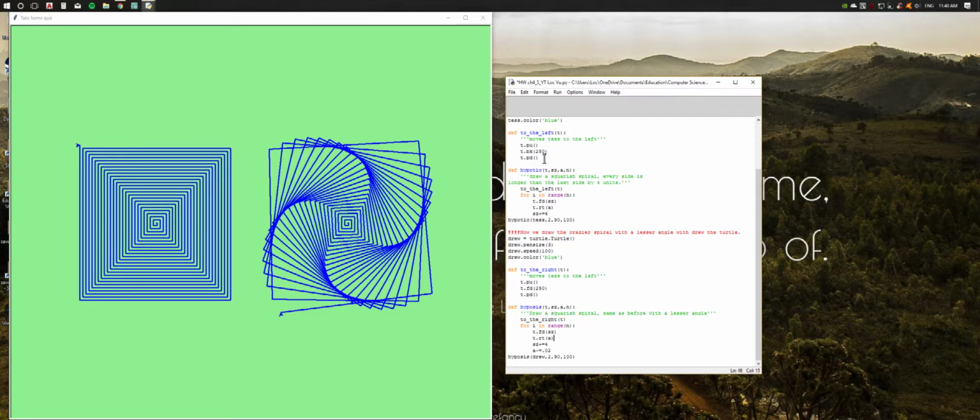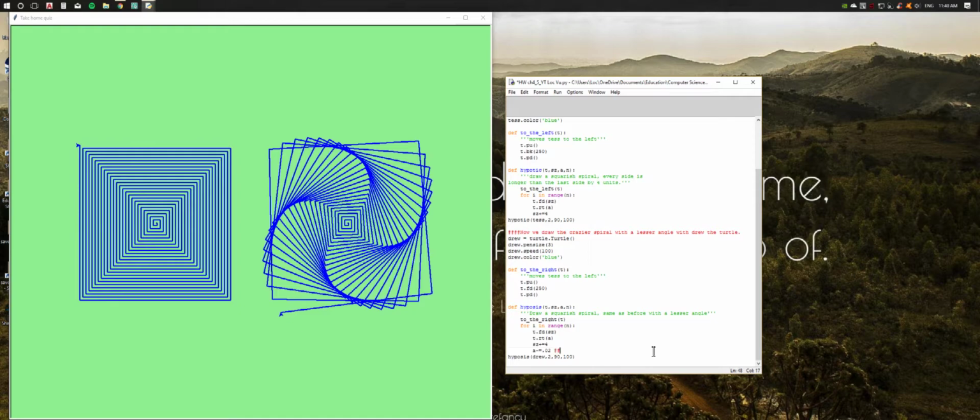Okay, and if you look here, everything in this for loop is identical to Tess's for loop, in addition to the subtraction of 0.02 degrees. You see how I've done this here?